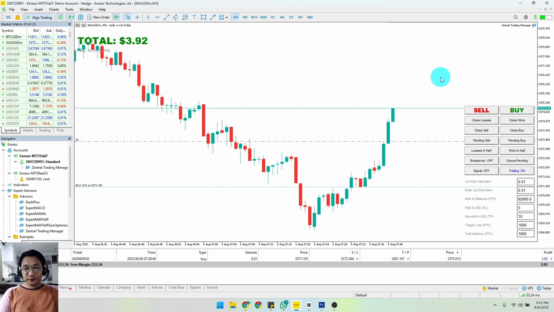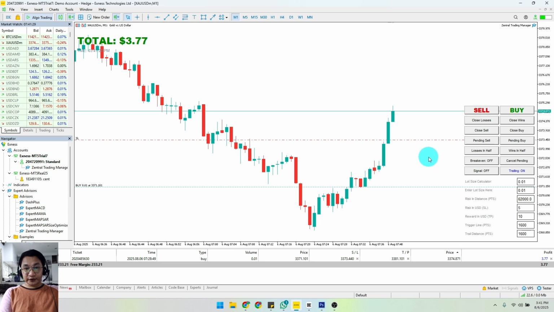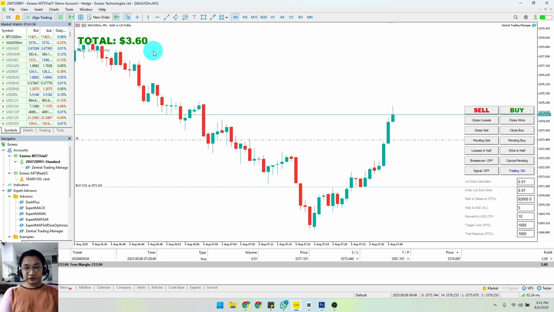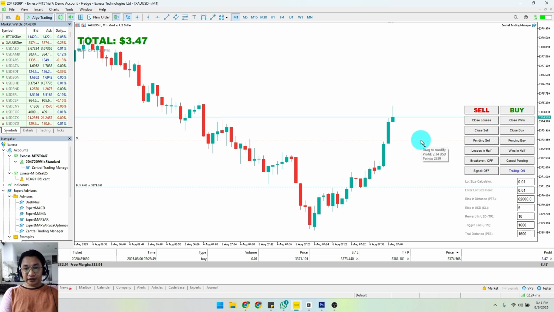Okay, there you go. It is just following a distance of around 1,600 points. Our current running profit is around $3, and our sure profit would be at around $2 already.